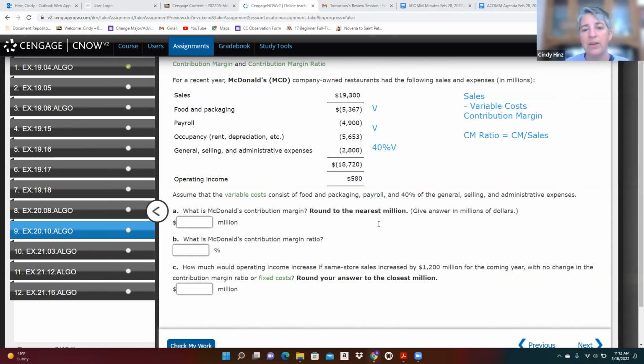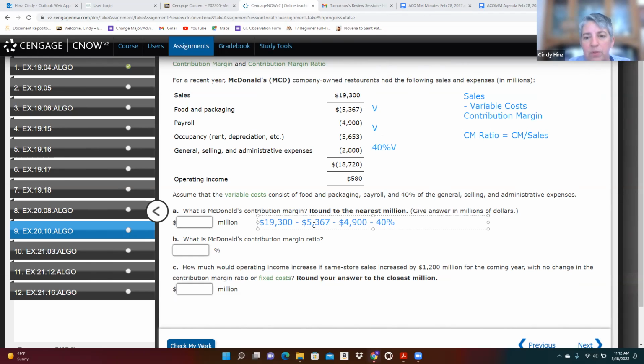So in order to find their contribution margin, we start with our sales, which are 19,300. We know those are in millions. We're just keeping that millions label in the back of our mind. And we're going to subtract from that all of our costs that have been identified as variable costs. So we start with food and packaging, and then payroll is also variable.